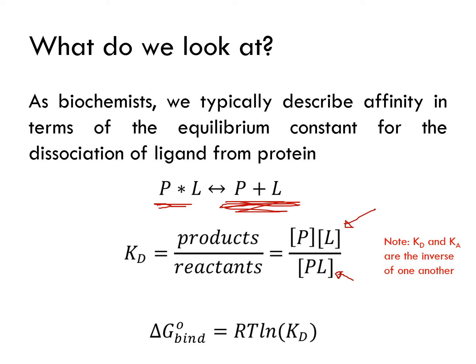One thing to note is that Kd and Ka are just the inverse of each other, and because of that, when you're calculating your delta G naught bind using the Kd, you're not going to have that negative in front of your RT value, because the natural log of 1 over Ka would be the same thing as bringing that negative forward, so it cancels out that negative.